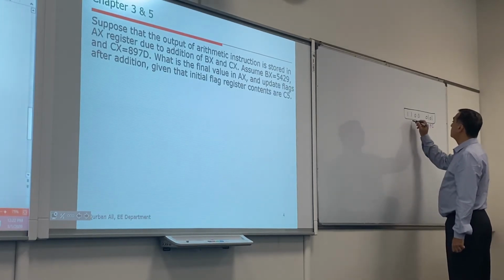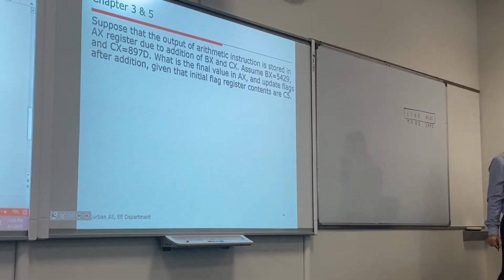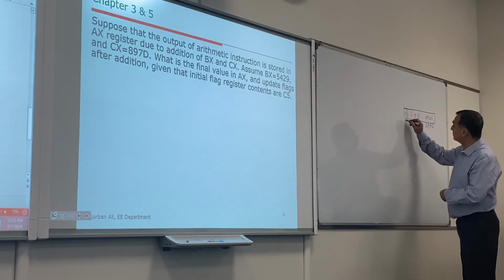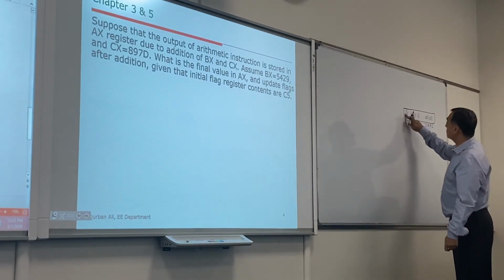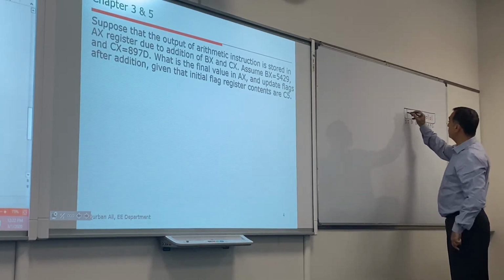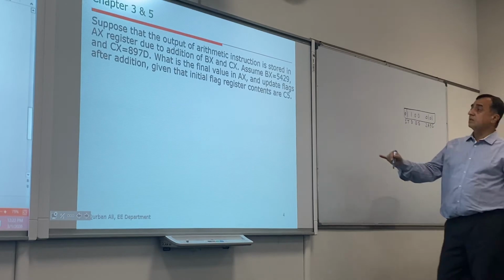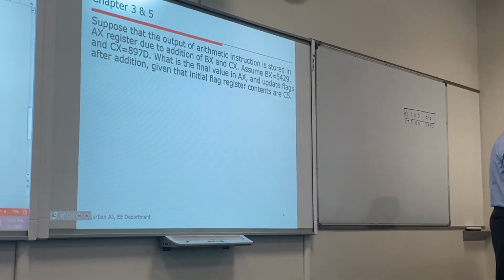Overflow, direction, trap. And the other one here is the 9th one, which is not given. We will understand it as a 0, considering that the flag here is 0 value, right? 0C5. Okay. So this is given now.